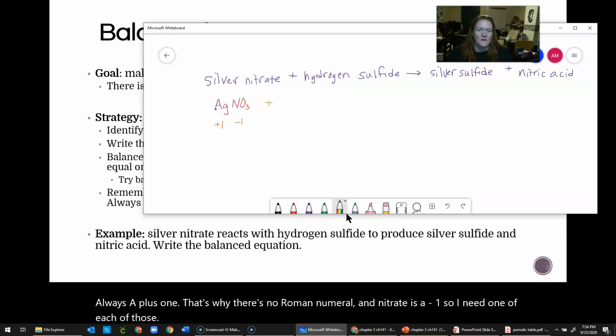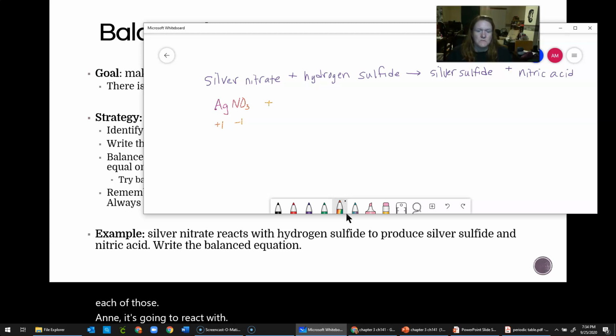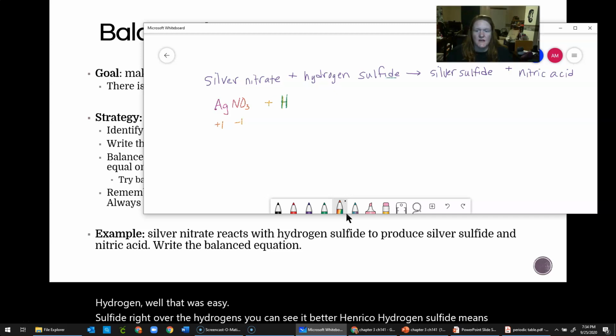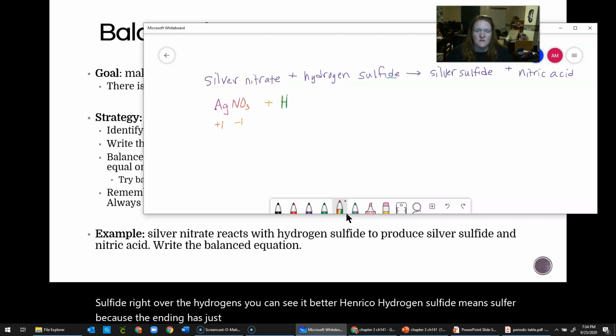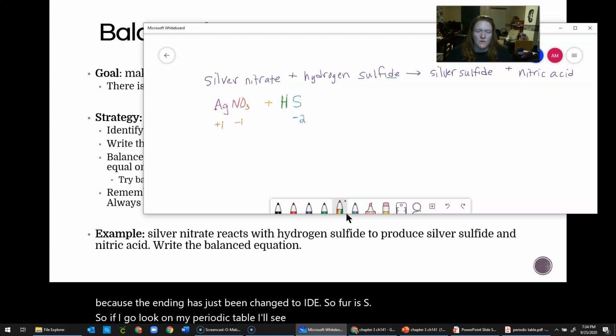And it's going to react with hydrogen, well, that one's easy. Sulfide, I'm going to write over the hydrogen so you can see it better. There we go. Hydrogen. Sulfide means sulfur because the ending has just been changed to IDE, so sulfur is S. So if I go look on my periodic table, I'll see that that's a -2.